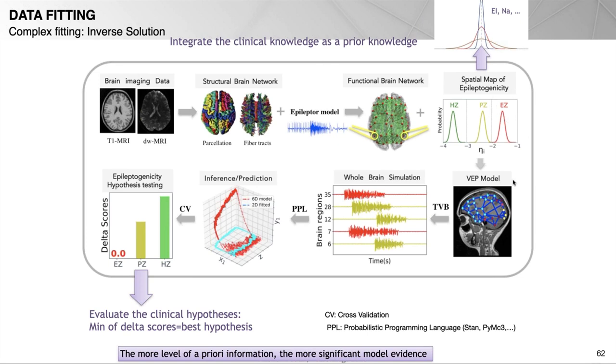So once we have all these elements, we have created our virtual epileptic patients. We can simulate them. And then using these inference algorithms, we compare the distance between these distributions using a metric of best fit, and either we reject or we validate.